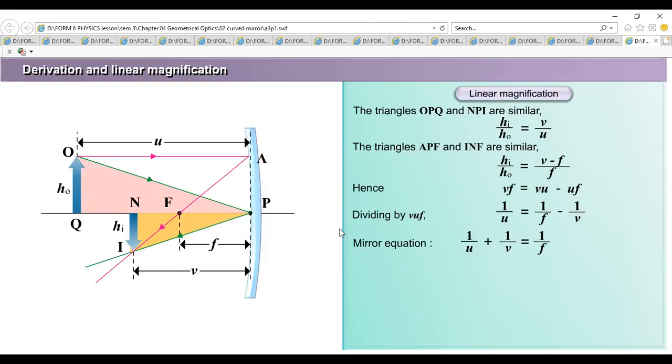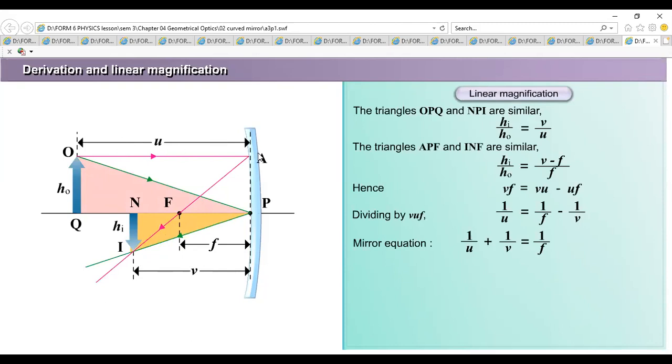We notice that the ratio of the height of the image divided by the height of the object is equal to the distance V divided by the distance U.